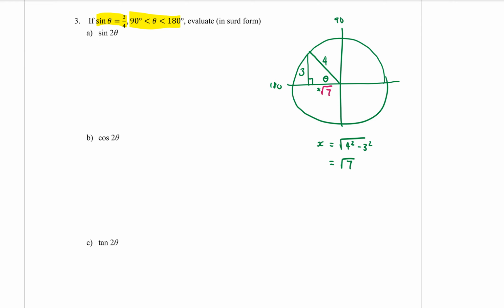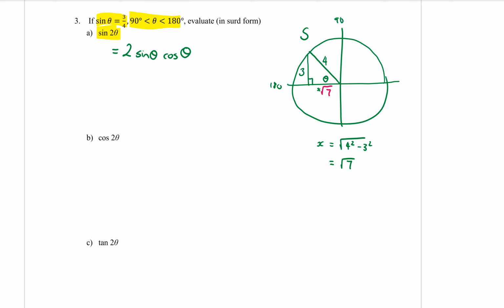Okay, now to get back to our question, we are trying to find sine 2 theta. Now, we can use our double angle expansion to know that that is the same as 2 sine theta cos theta. That's the formula, straight from the last page.